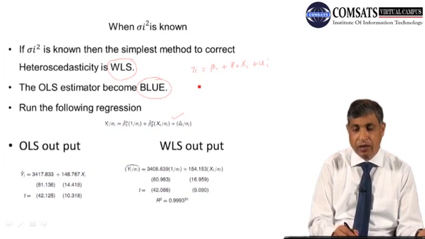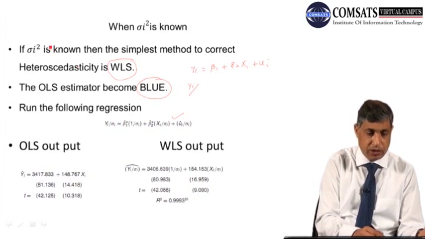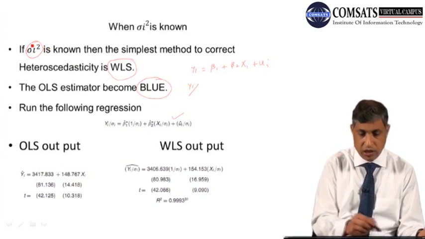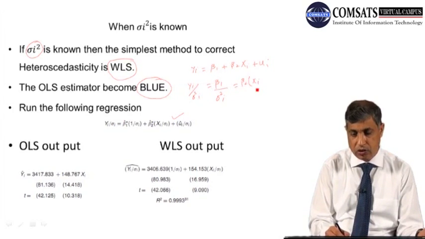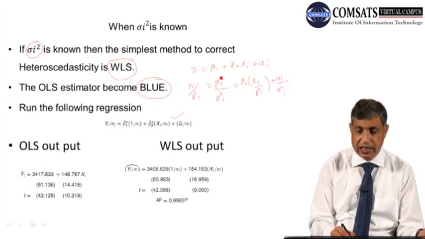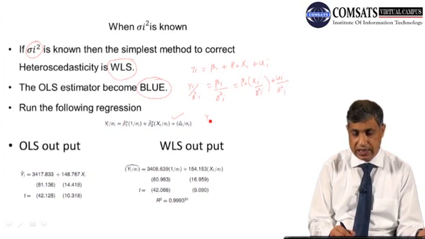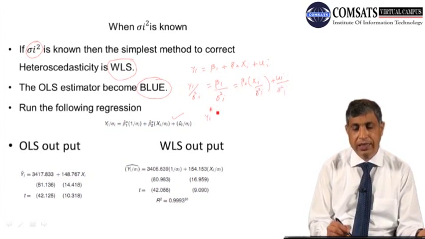We divide all the terms by it. This becomes yi divided by sigma i, which we say is known to us, equals beta 1 over sigma i plus beta 2 xi over sigma i plus ui over sigma i. If I call this beta 1 star and this beta 2 star, then this will become yi star, just to make the thing simple.